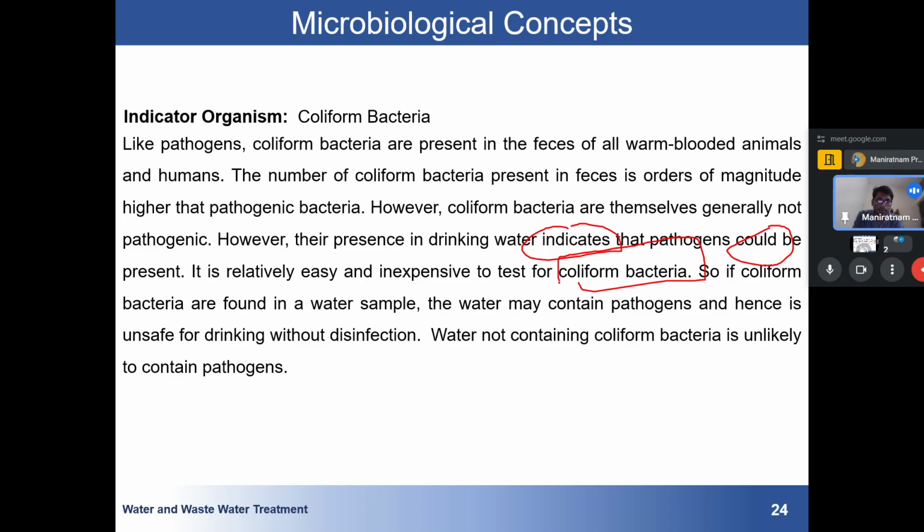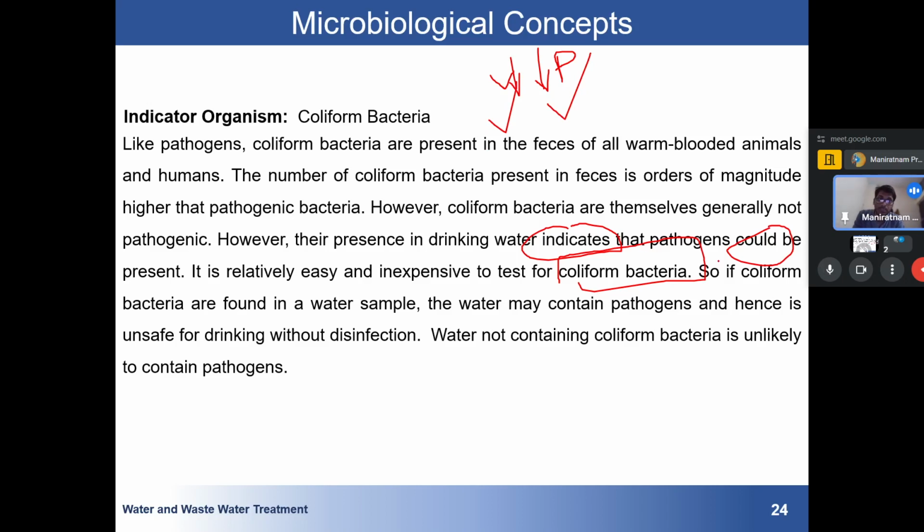Now remember, suppose two things are coming from the same source, and this source contains many things. This is simple coliform, but this is a pathogen, and pathogens can be of any type. We know that measuring pathogens is very difficult, but we have techniques to measure coliform, and we know both are coming from the same source. So if this is present, then this might be present, not must be present.